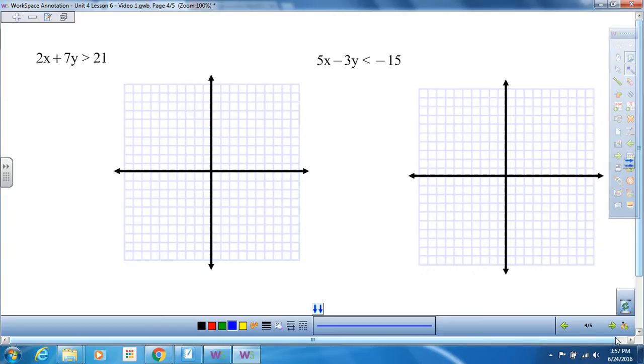Okay, if we have them in standard form, then we want to change them to slope-intercept form because you can't read your inequality sign like the above or below unless it's in slope-intercept form. So I first need to subtract 2x and then divide by 7 so I can put this in slope-intercept form.